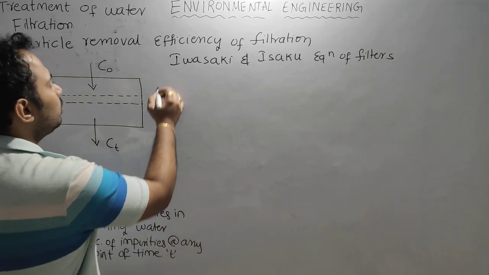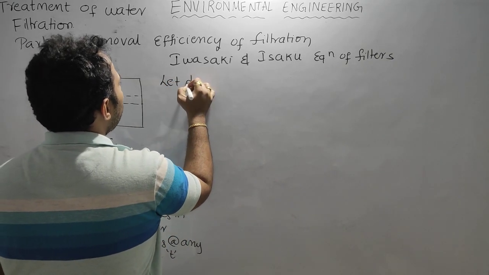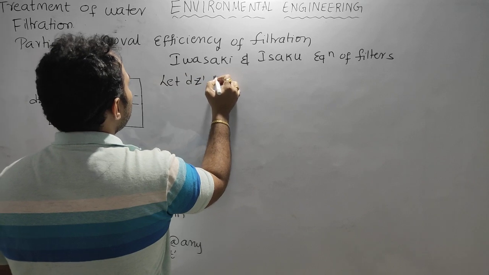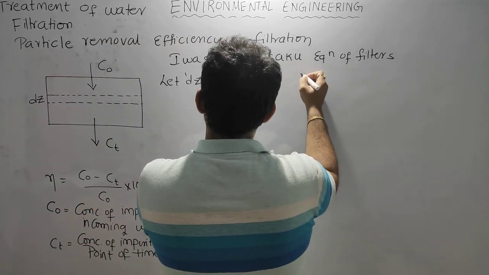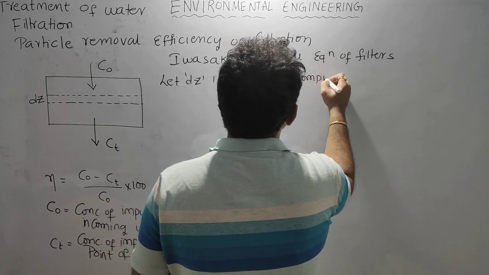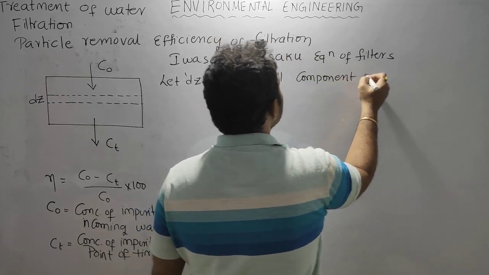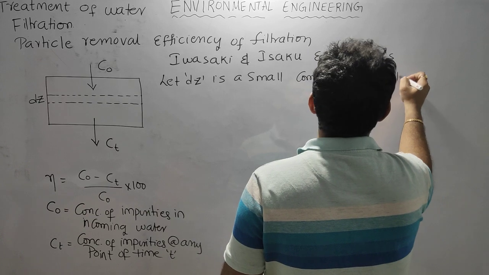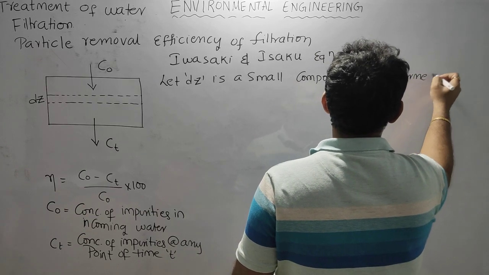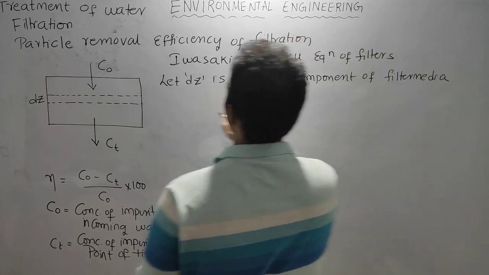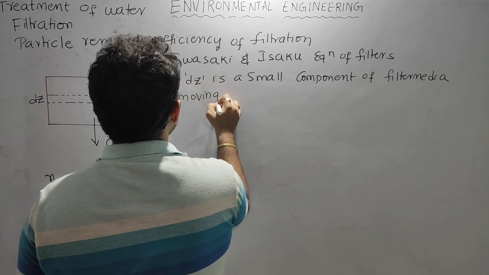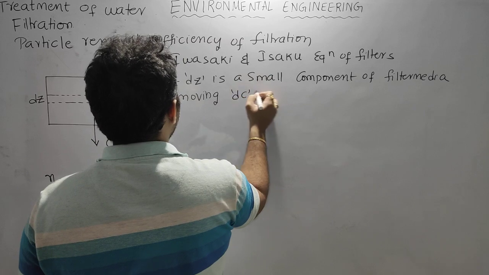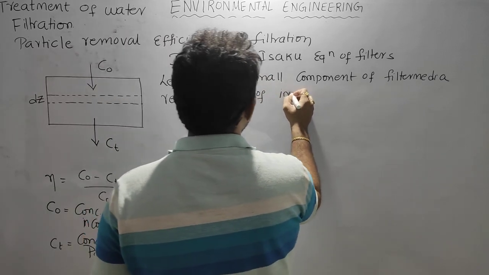Okay, so let dz be a small component of filter media removing dc of impurity concentration.